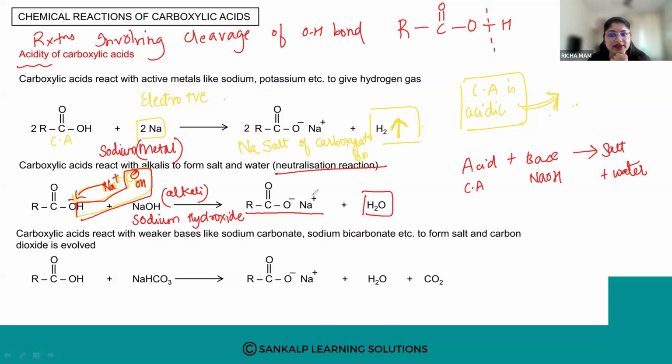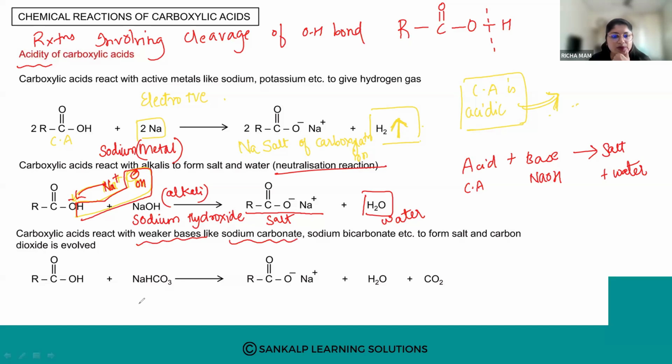We got a sodium salt of the carboxylate ion and water. This is the reaction with your alkali. Is it clear? Yes, ma'am. Next we are going to react it with weaker bases like sodium carbonate.